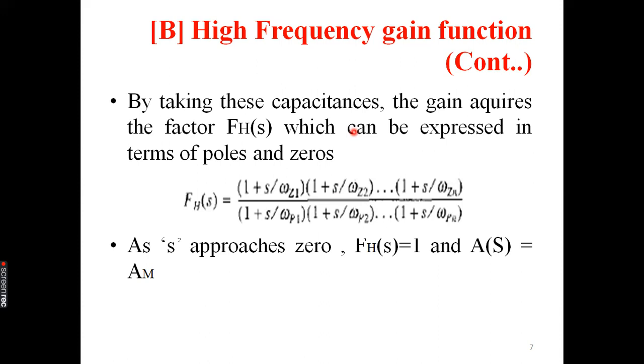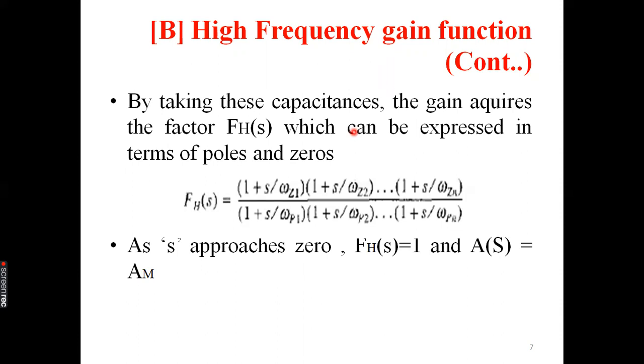Whenever at a particular frequency the function becomes infinity, that frequency can be considered a pole. Whenever, for a particular frequency, my high frequency gain function becomes zero, that frequency is called a zero. So the frequencies at which the function becomes zero are called zero frequencies, and the frequencies at which my function becomes infinity, anything by zero is infinity, correspond to poles.